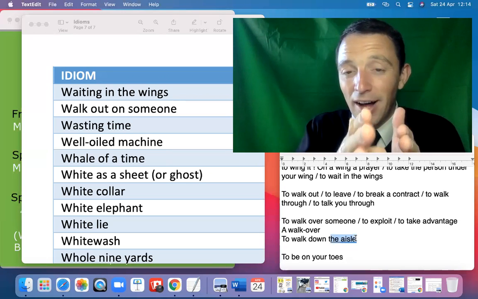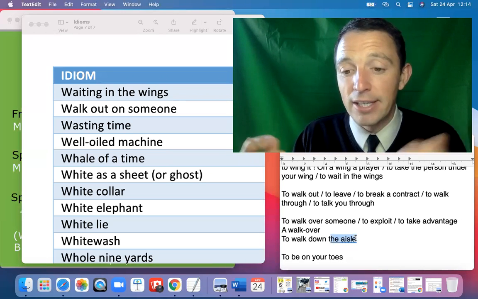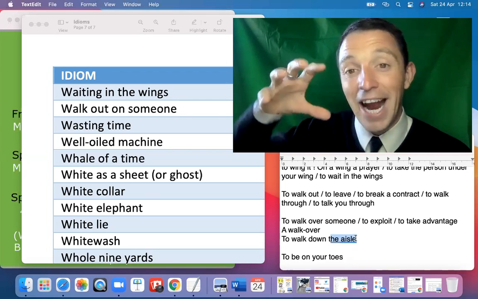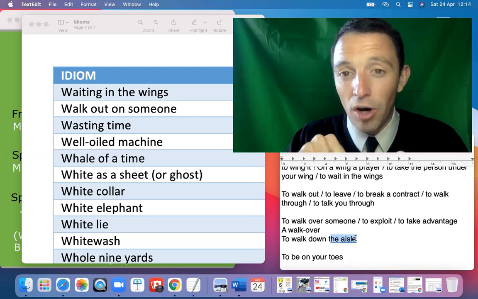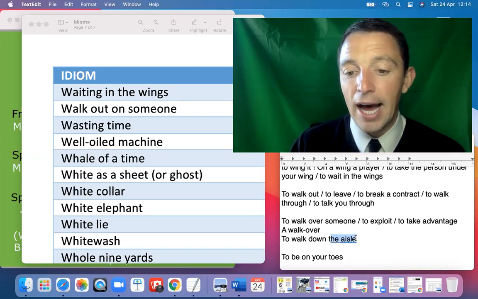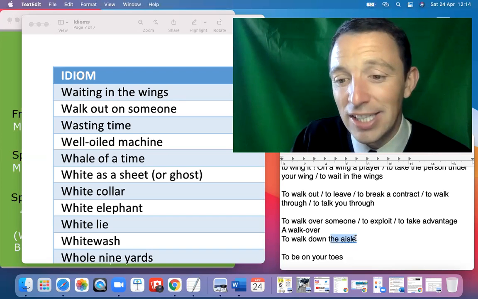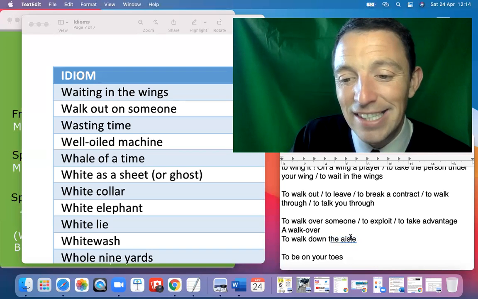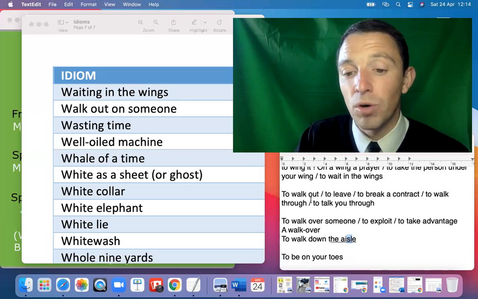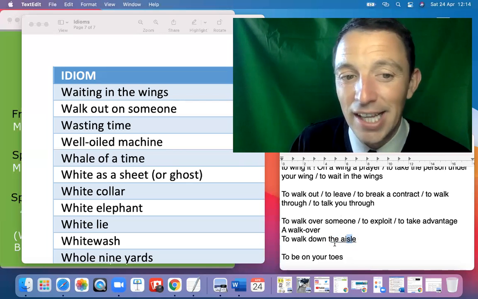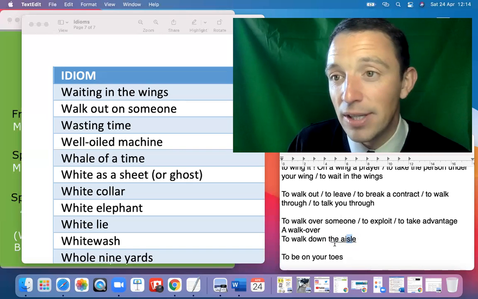So to walk down the aisle is what we do when we get married. In the airplane, the aisle is the place where the man or the woman walks with the food. And in the supermarket, you have different aisles as well. The pronunciation is difficult because the S is silent. So we just say the aisle. It is a very important word, and that's the only possibility, I think, to walk down the aisle.